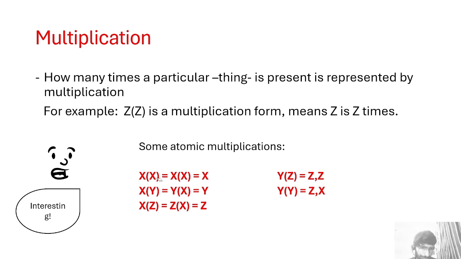So x symbol with x quantity will be x. So you can omit the quantity of x because it is clear itself if it is not mentioned. Similarly, x symbol with y quantity is similar as y symbol with x quantity, and which is same as y. You can omit the quantity of y, which is clear itself, that is the y is only present one time, and similarly for the third case.